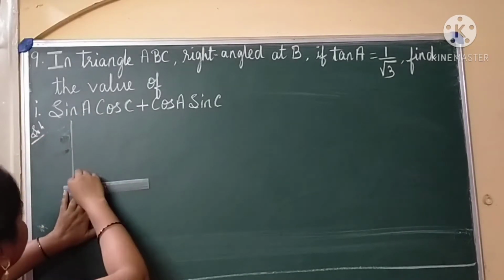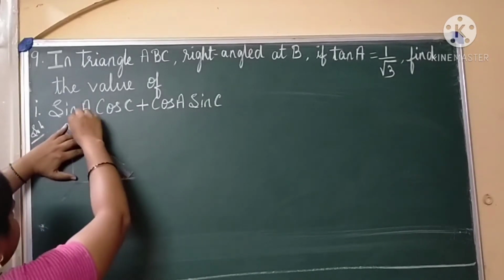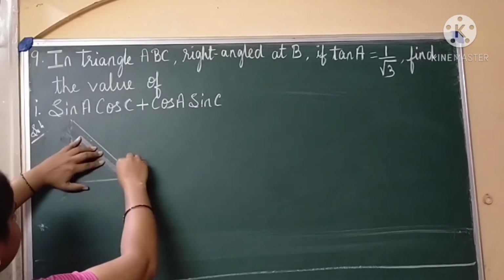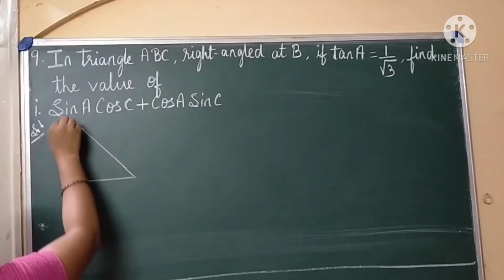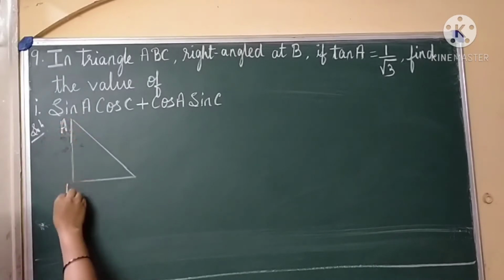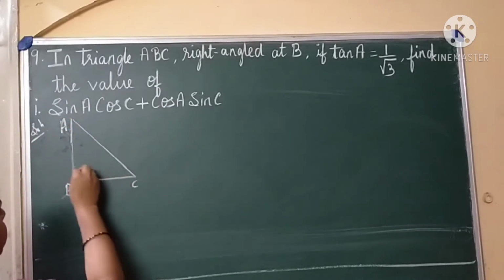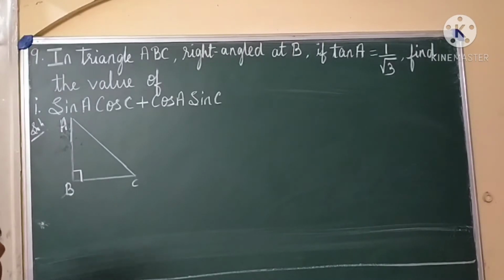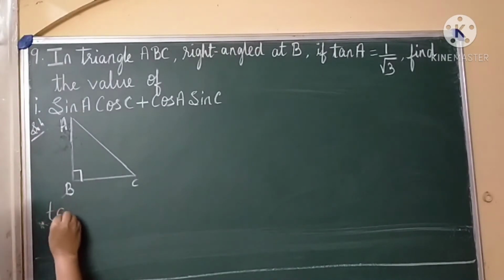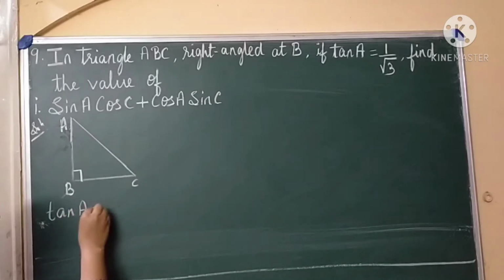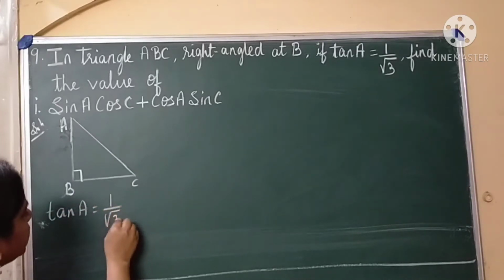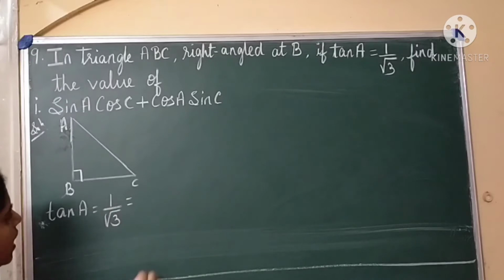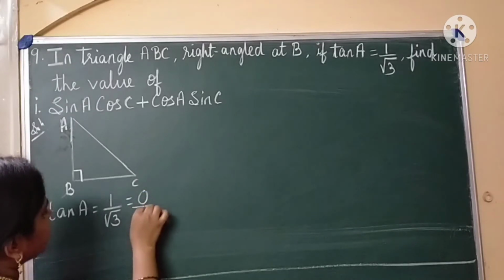We have a right angle triangle ABC, right angle at B. If tan A is equal to 1 by root 3, the given trigonometric ratio here is tan A is equal to 1 by root 3. We know tan is nothing but opposite by adjacent.